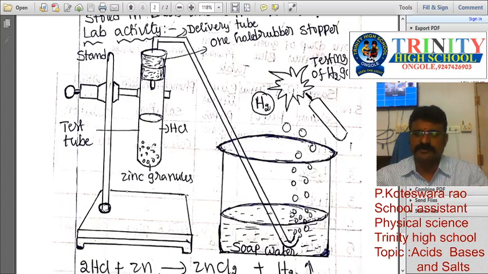Zinc granules are placed in a test tube and we also add 10 ml of dilute HCl. Then the test tube has a one-hole rubber cork and it is fixed to a retort stand. Then through that one-hole rubber cork we pass one delivery tube.